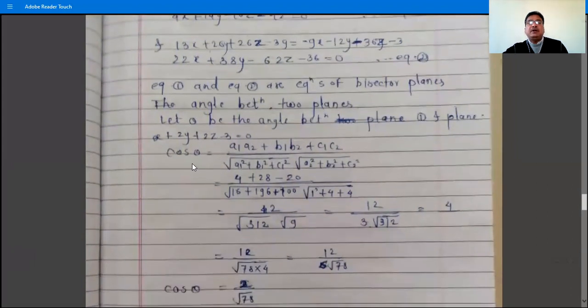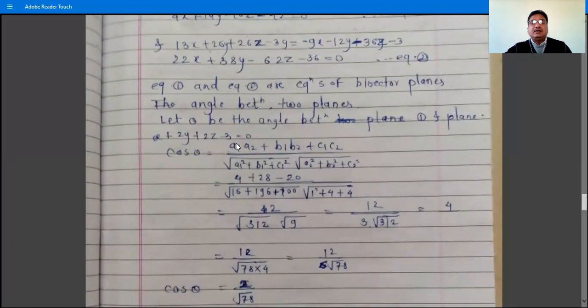Then we have the formula for the angle between two planes: cos theta is equal to a1 a2 plus b1 b2 plus c1 c2 divided by root of a1 square plus b1 square plus c1 square into root of a2 square plus b2 square plus c2 square. What are these a1 b1 c1 and a2 b2 c2? These are the coefficients of x, y, z in the equations of the two planes.